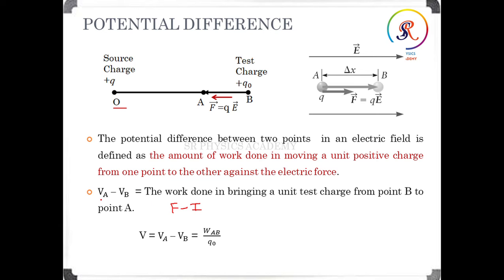Here V_A is the final point and V_B is the initial point. So V_A minus V_B equals the work done W_AB by Q naught, the charge.